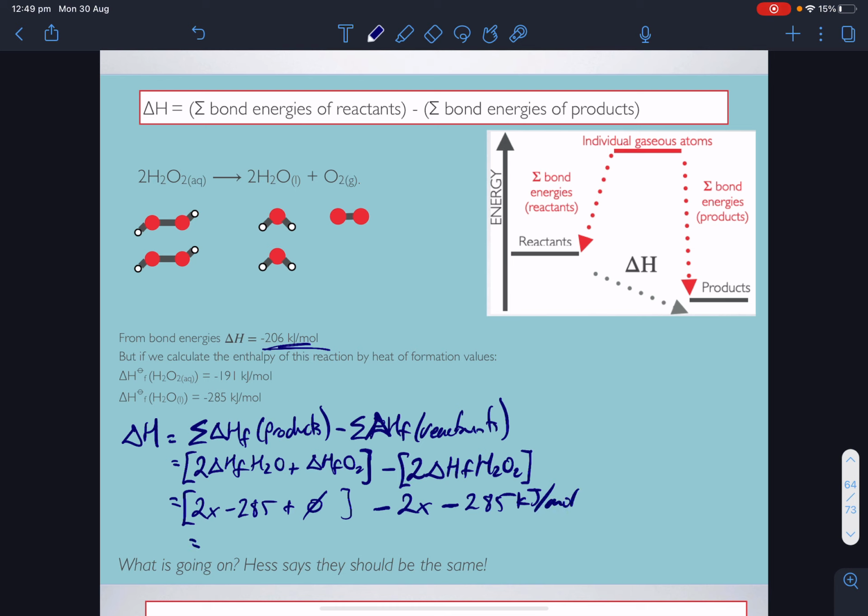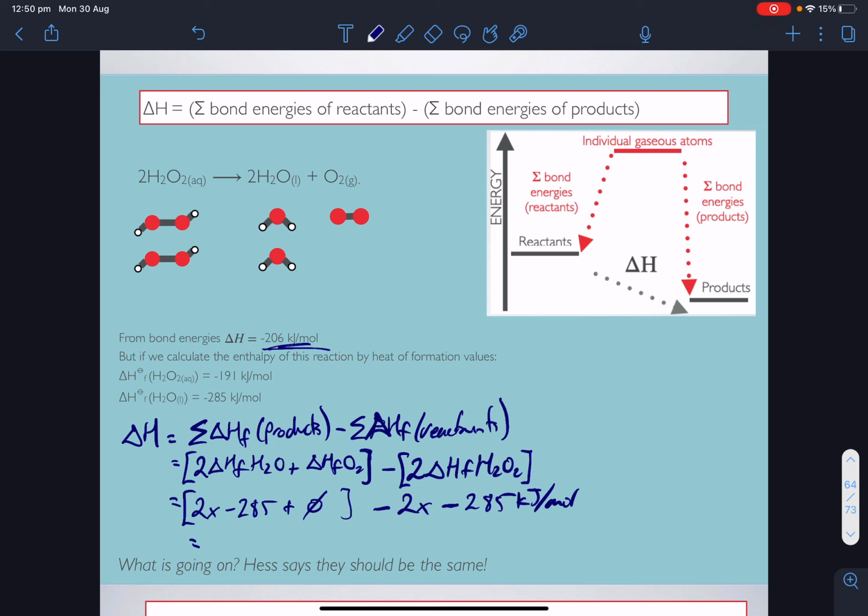Let's put it in our calculator and see what we get. 2 times negative 285. Oh, you know what? I've done this wrong.